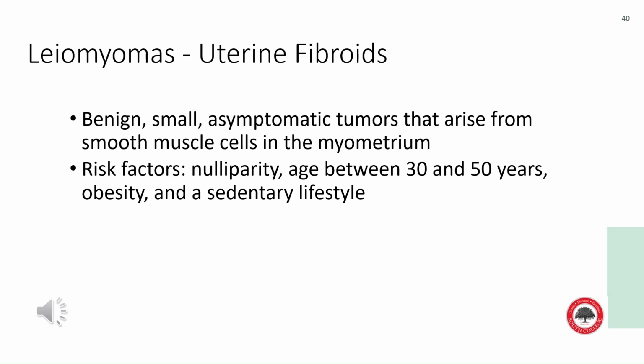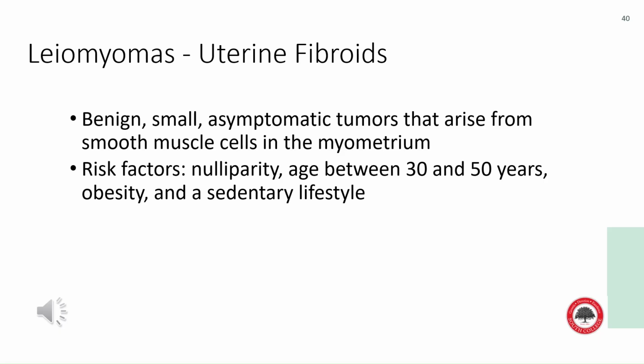Risk factors for the development of uterine fibroids include nulliparity, age between 30 and 50, obesity, sedentary lifestyle, and interestingly, smoking seems to decrease the risk for developing fibroids, probably because there isn't enough blood supply.